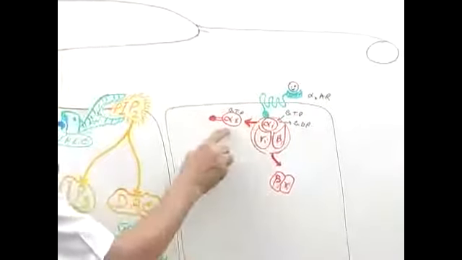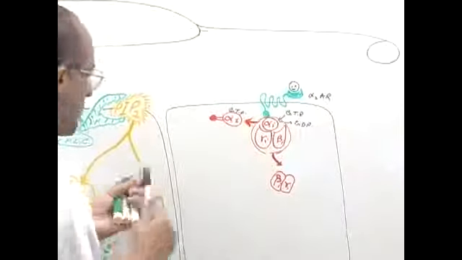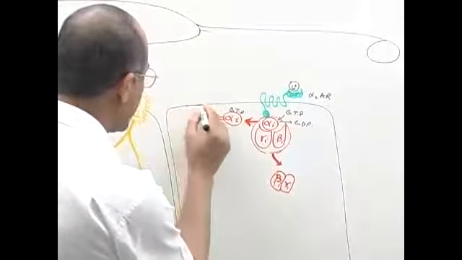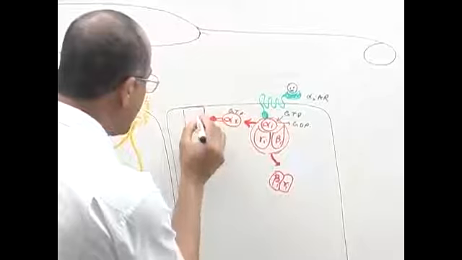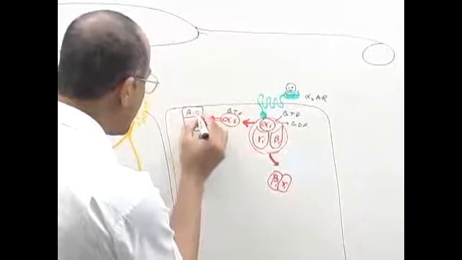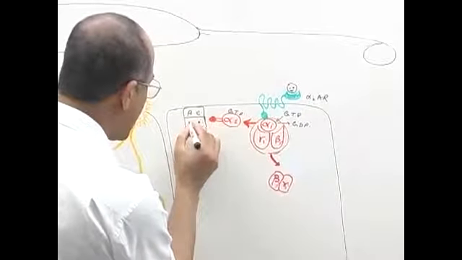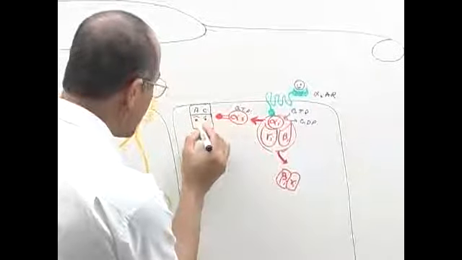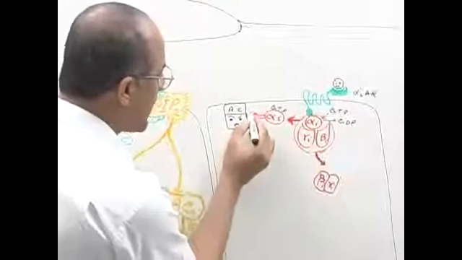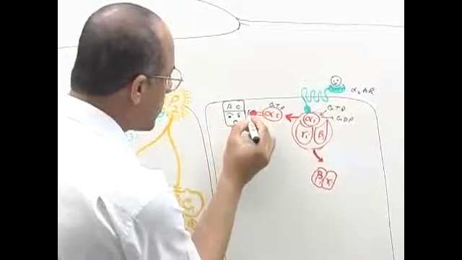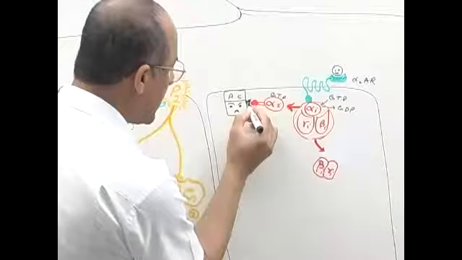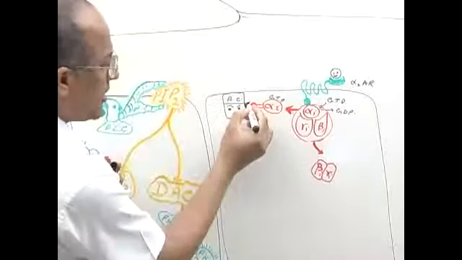Then what will happen is that alpha inhibitory will interact with your friend, you remember now, adenylyl cyclase. Adenylyl cyclase has two domains.